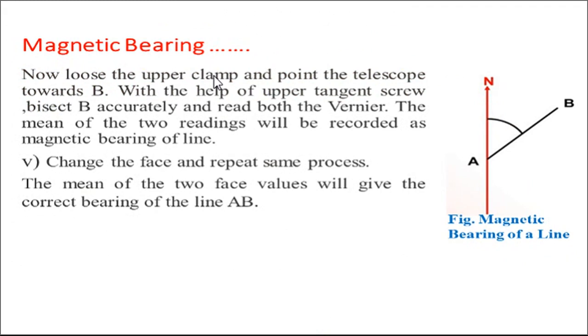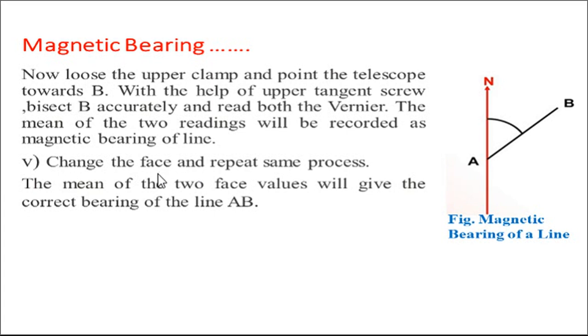When the telescope is towards the north direction, loosen the upper plate clamping screw and turn the telescope clockwise like this to sight the ranging rod at point B. Sight point B accurately and then clamp the upper plate, and record both the verniers, vernier A and vernier B. Vernier A directly gives the bearing of line AB, while vernier B gives the back bearing of line AB.